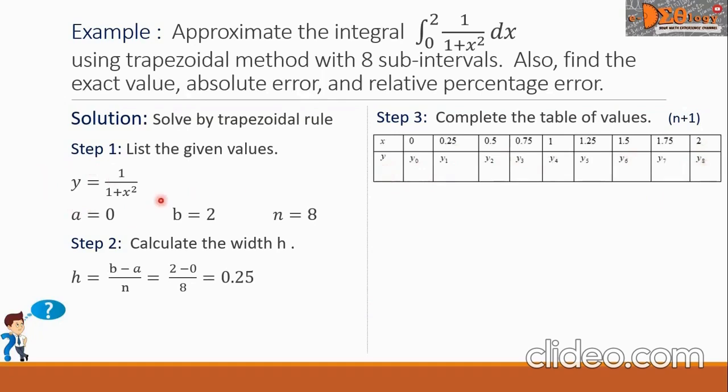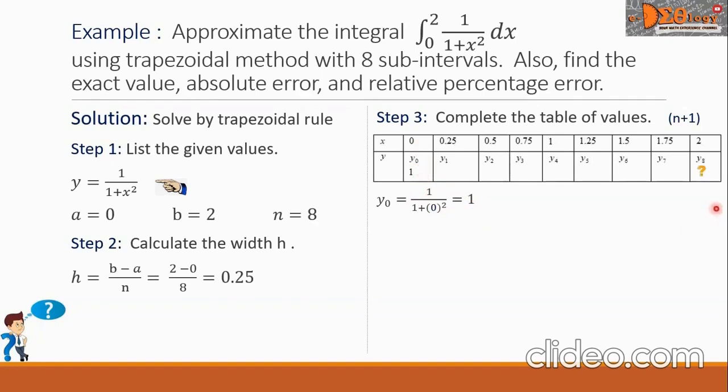We're going to use this equation. The y equals 1 over 1 plus x squared. Let's begin with finding the y sub 0. Using this formula, we have y sub 0 equals 1 all over 1 plus 0 squared. This 0 is the value of x in here. Simplifying this, we have 1, and this value we're going to substitute in here.